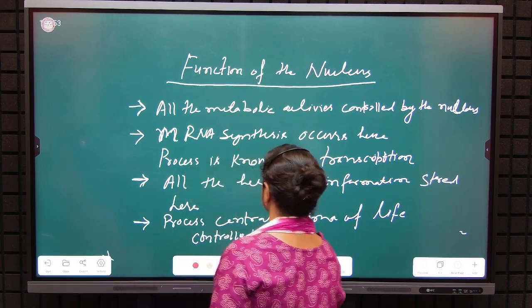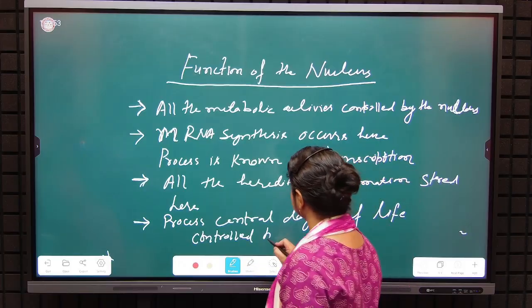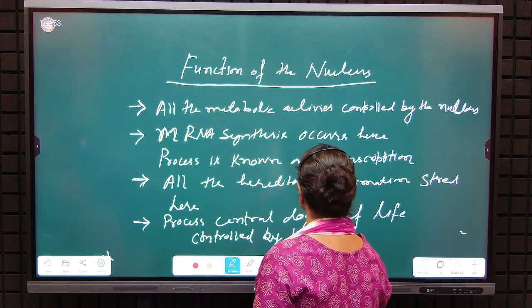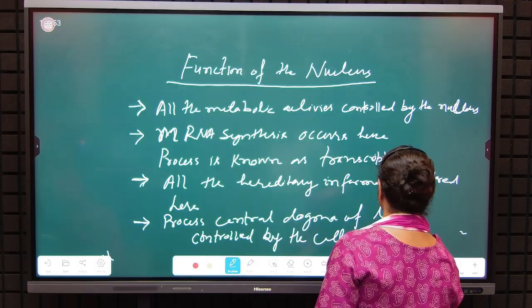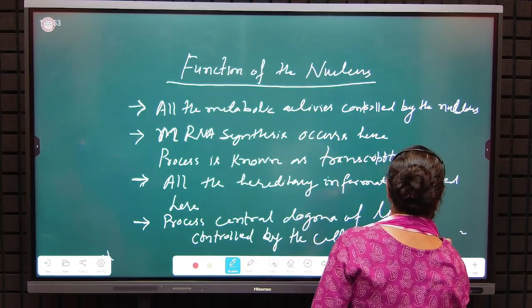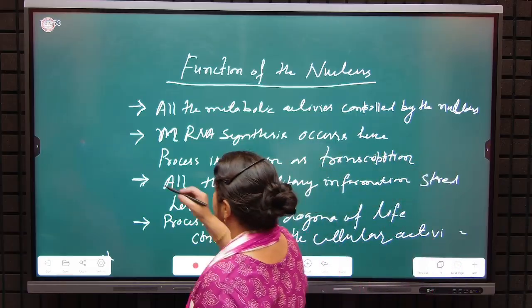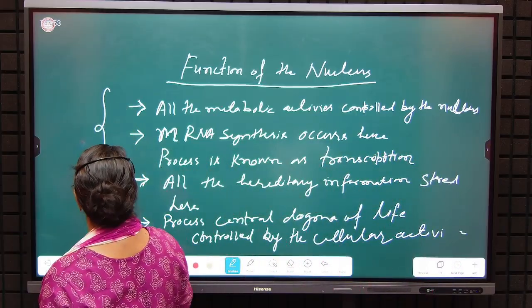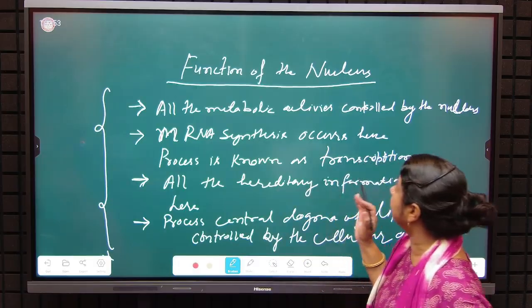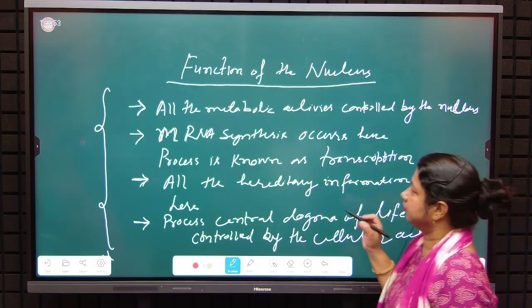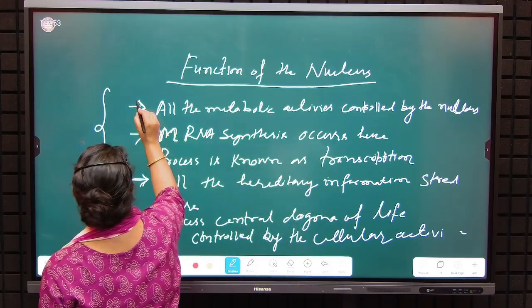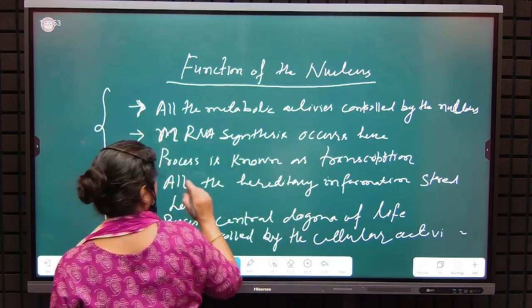The cellular activity is controlled by it. This is the summary of the main functions of the nucleus.